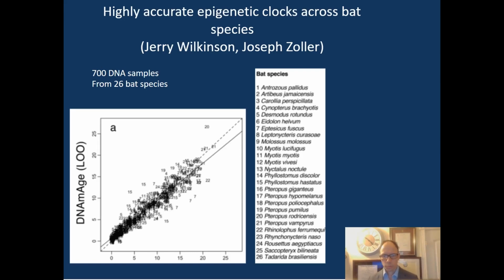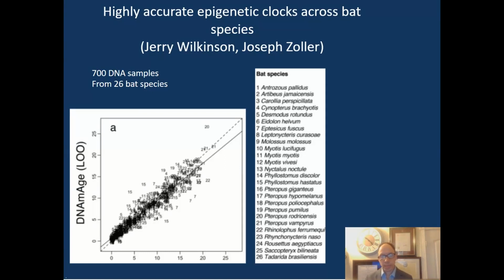So here I show you in the scatter plot our epigenetic clock. On the x-axis, we report chronologic age of these different bats. And you see we had samples from bats that were about 23 years old, so pretty old bat samples. Conversely, we also had very young bats, newborns in essence.